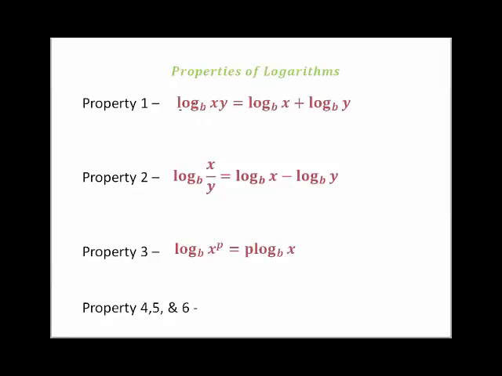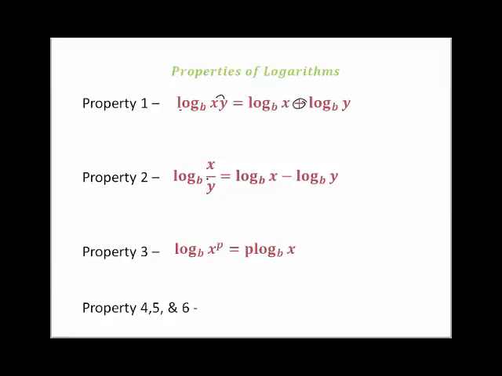All right, so we'll be dropping that out of the picture. Log of x times y is equal to the log of x plus the log of y. So when we multiply variables of a log, we can add each one of the logs.